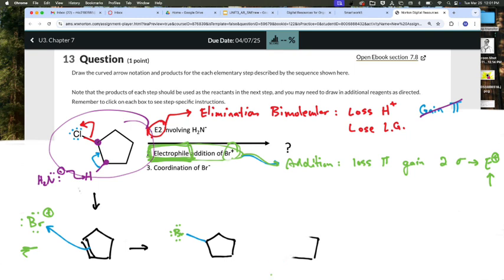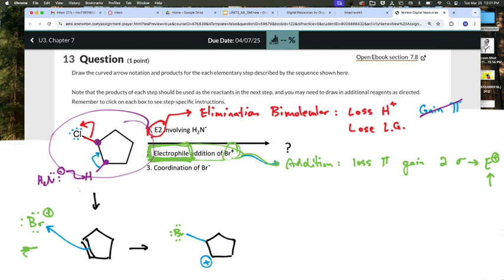Okay? So cool, done. We can move on to the next one, right? What did I miss? The positive charge. Those 2 electrons moved into making the bond, which means this bottom carbon has now lost electrons, and it is positively charged.